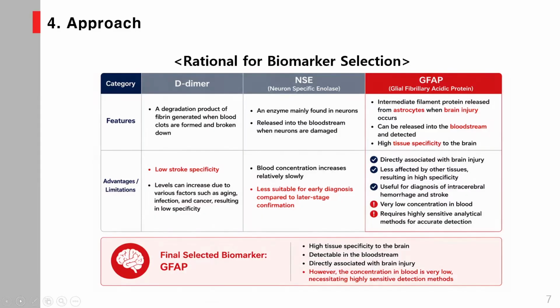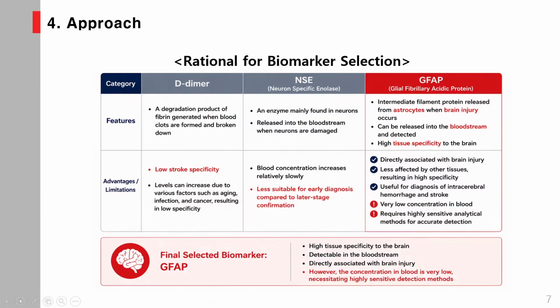Several candidate biomarkers have been proposed for stroke diagnosis, including D-dimer, NSE, and GFAP. However, D-dimer has low specificity for brain tissue, while NSE does not increase sufficiently during the early stage of stroke.